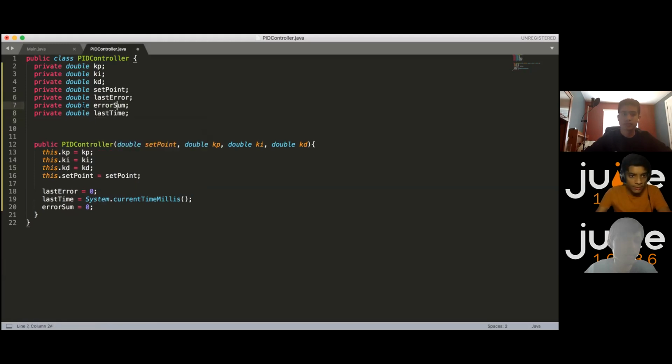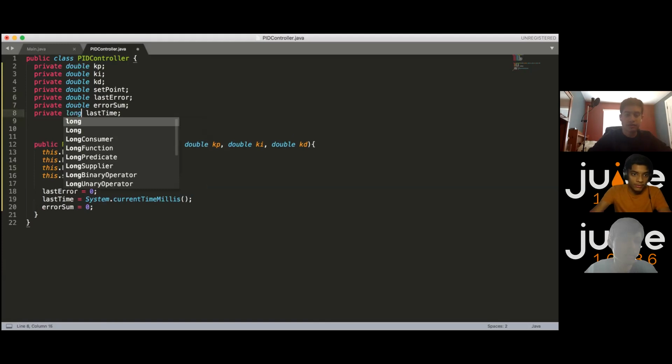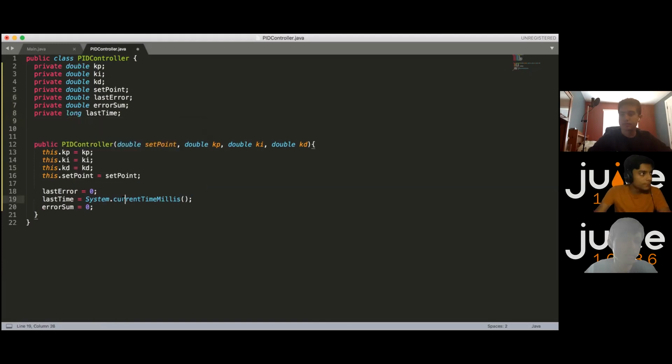And then we're going to need to make last time a long instead of a double because of the Java data types. I believe that's it for the constructor.